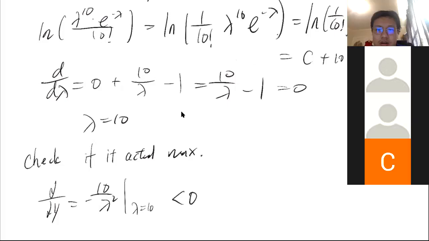Can I ask a question? Okay. On number 5, the solutions, I can't tell just by how it's written if they take the second derivative or not. Can you confirm that they do to find if it's a maximum?